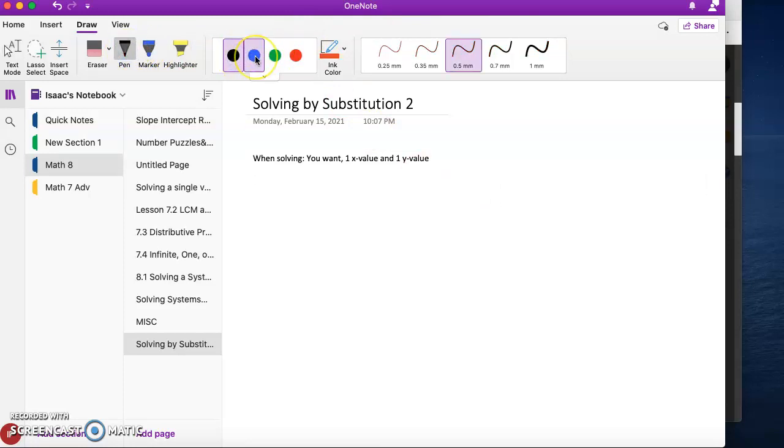Let's say we've got 4x plus y equals 7. And 3x plus 2y equals 9.